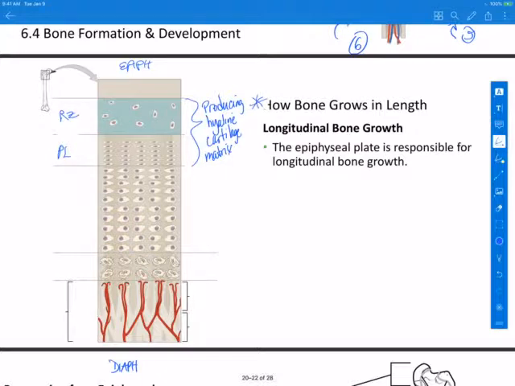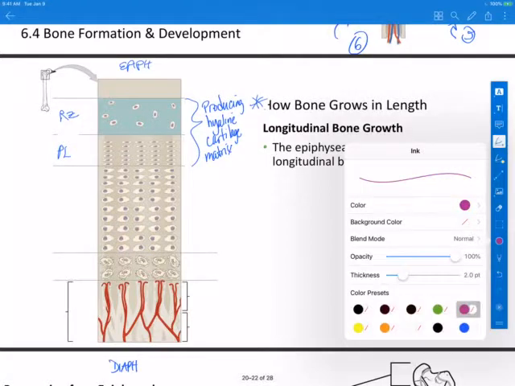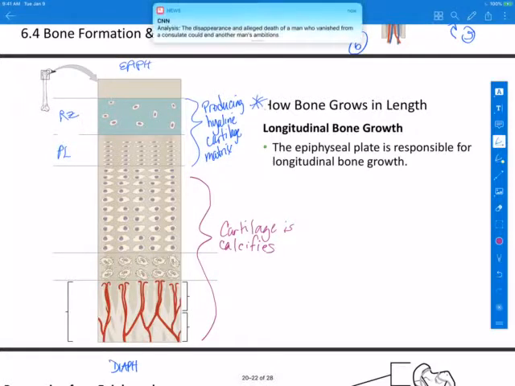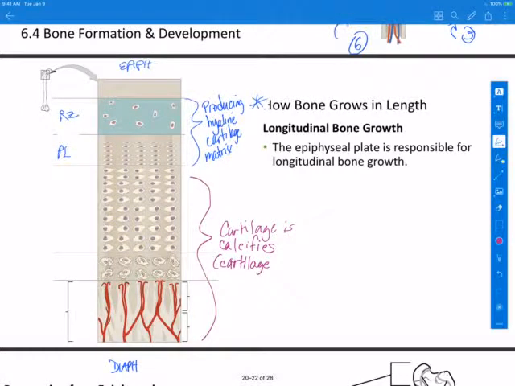Now, if we look a little bit further down in this area, here what's happening is the cartilage is calcifying. In other words, it's dying and being replaced by bone. Cartilage dies and is replaced by bone.